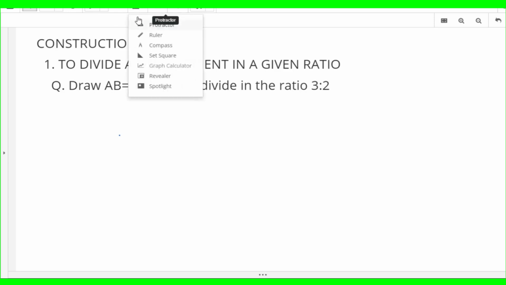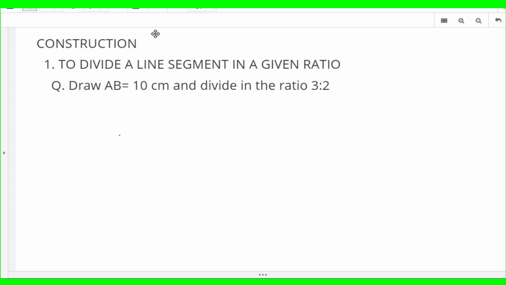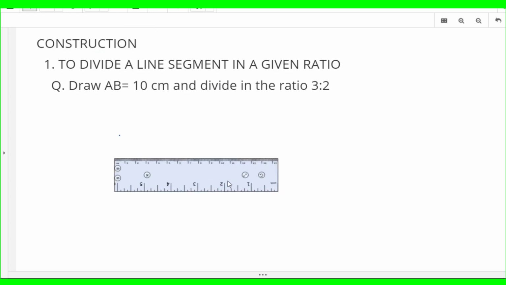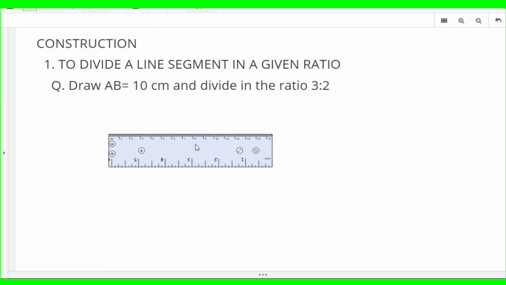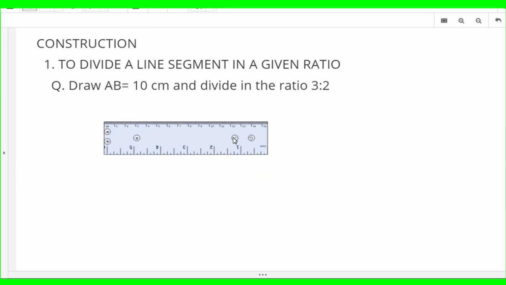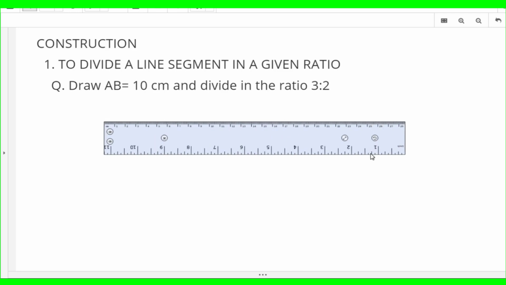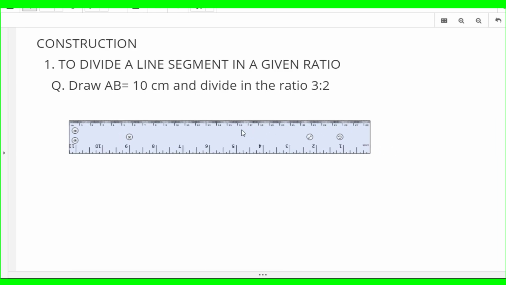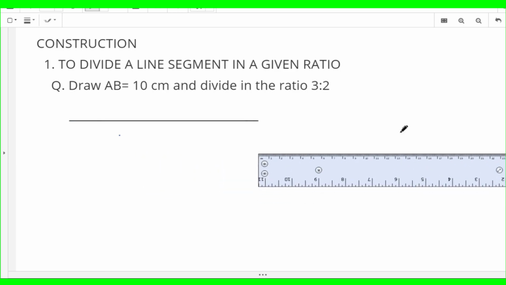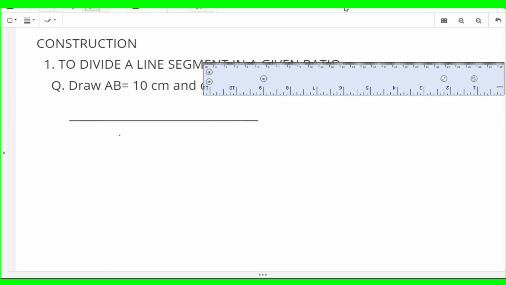So first you take a ruler, and now using the ruler you draw a length of 10 centimeter. So we have taken a line segment of length 10 centimeter.